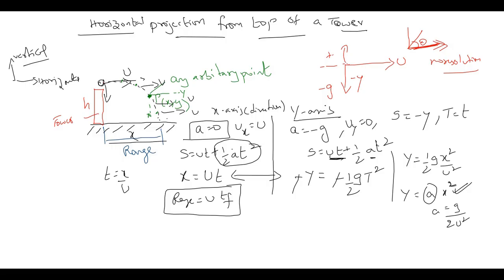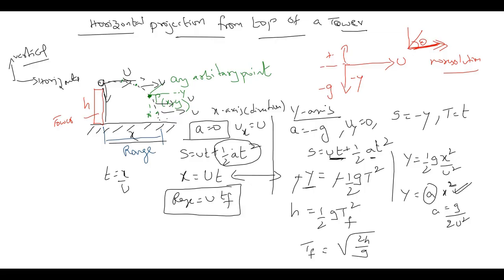Now to find range. Instead of y, let us take the displacement travelled as h height. So now from here to here it is h height. Then y value will become h. h is equal to 1 by 2 g t square, where t is time of flight. From this, what is time of flight? Time of flight is equal to root over 2h by g, correct? Tf square is equal to 2h by g.